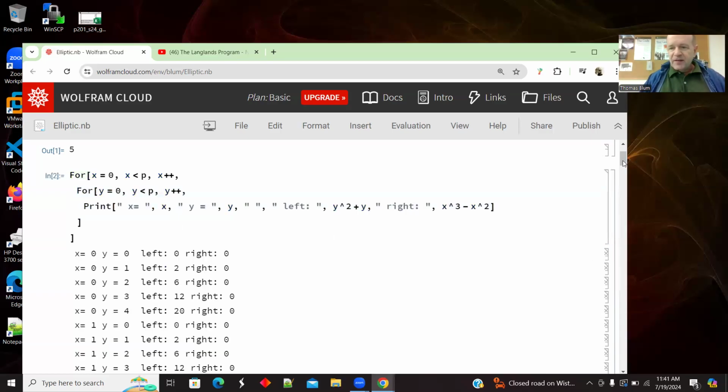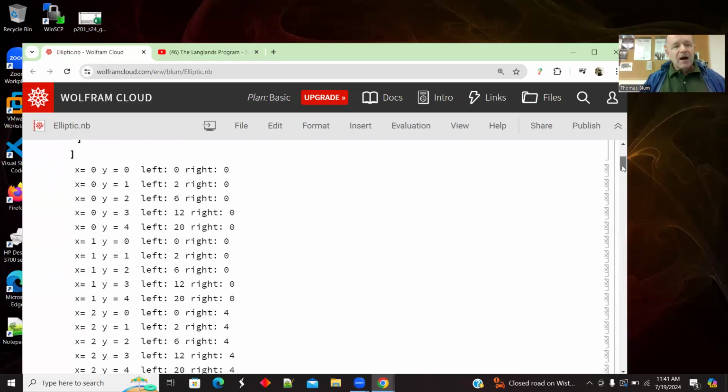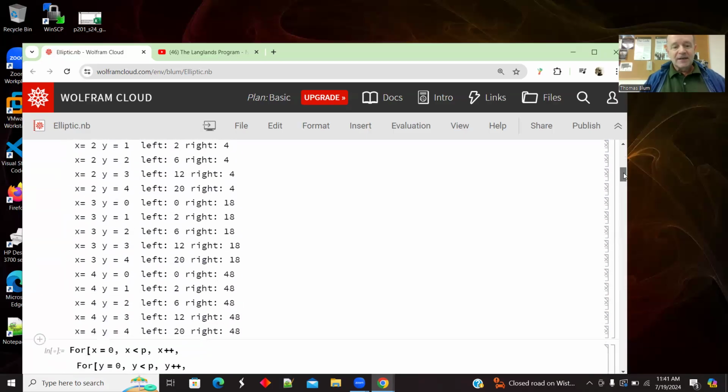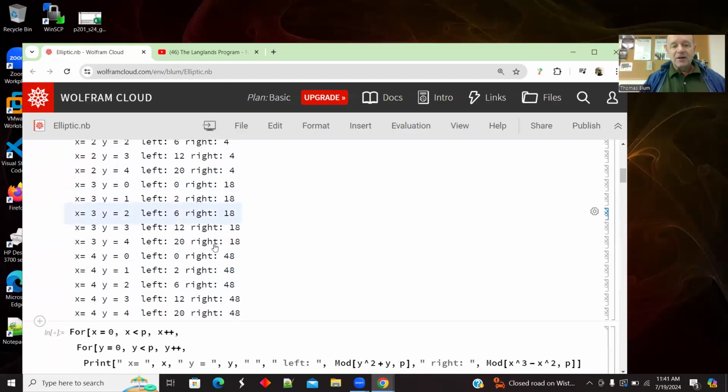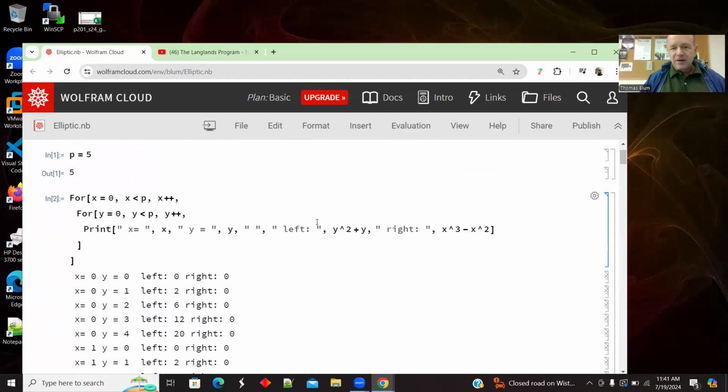And enter that, and then we see it just going through my combinations of x and y and figuring out the left and right-hand side. I've done the modulus on the x and the y, but I haven't done the modulus on those quantities, the y squared plus y, or the x cubed minus x.